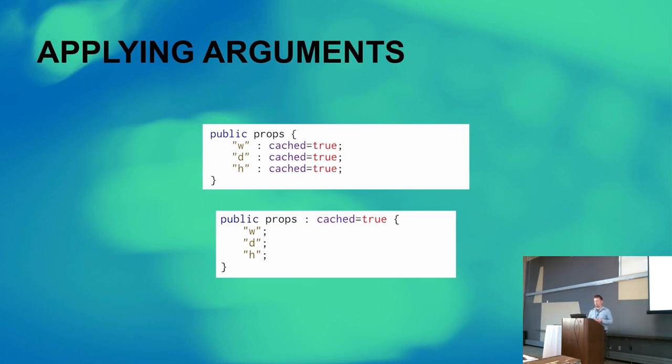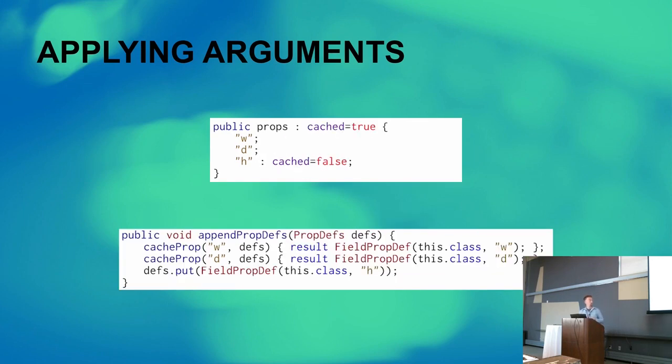Note that if you have nesting scopes, which we'll see in a couple slides how you can create further scopes, arguments are resolved from closest to the PropDef working its way out. So I can do this. Here on that particular field PropDef, H, I'm saying cached equals false, which is overriding that cached equals true, because it's closer to the PropDef.